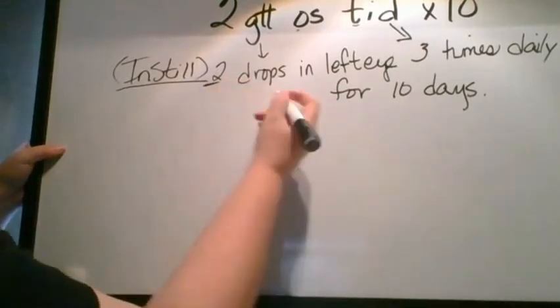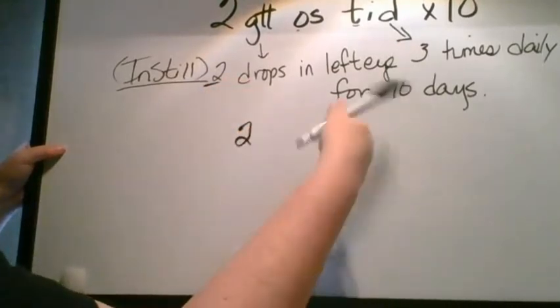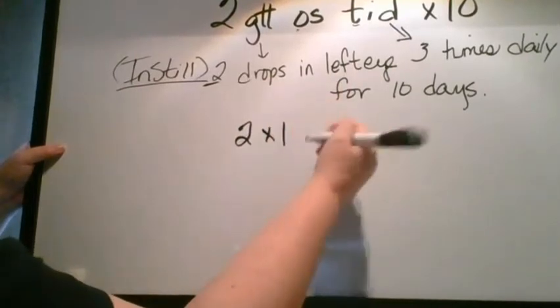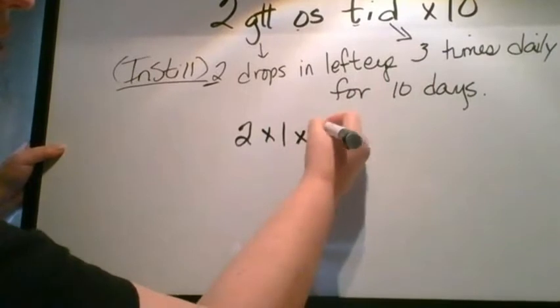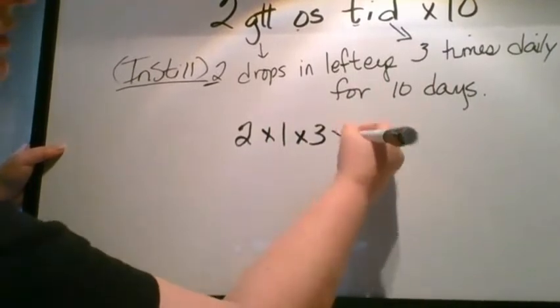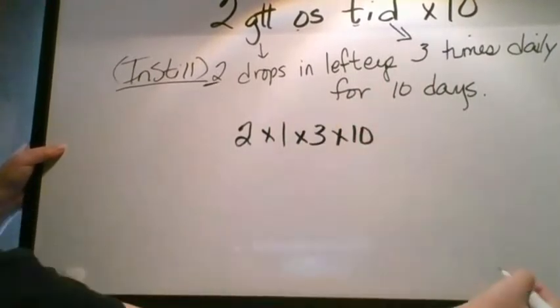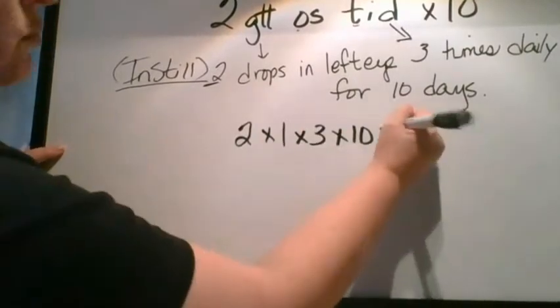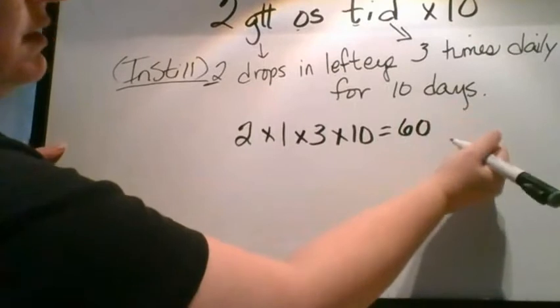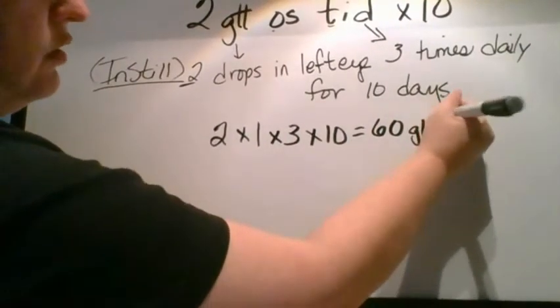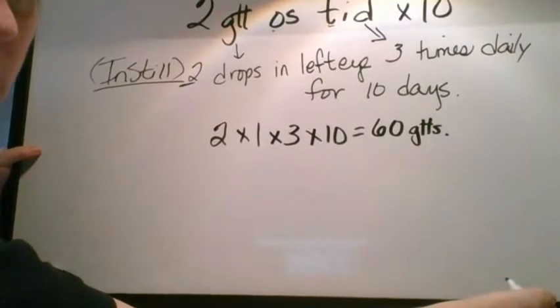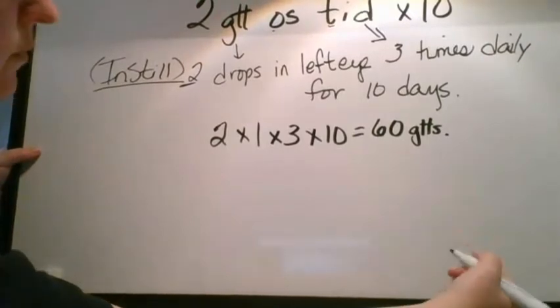So you've got 2 drops in left eye, so 1 eye, 3 times a day for 10 days. So it's one big multiplication problem. You've got 60, so they need 60 drops to complete their therapy.